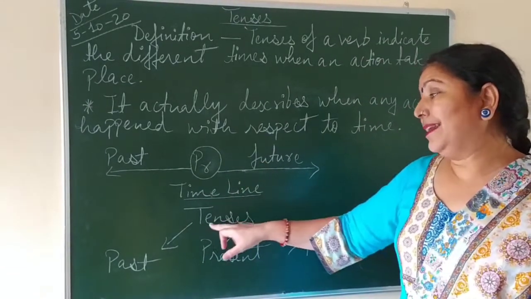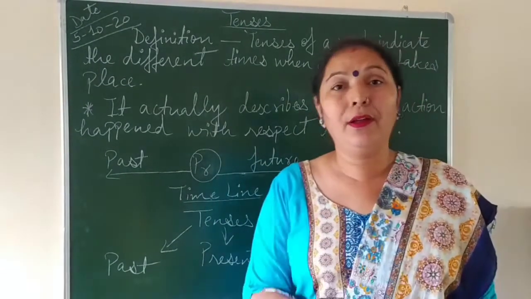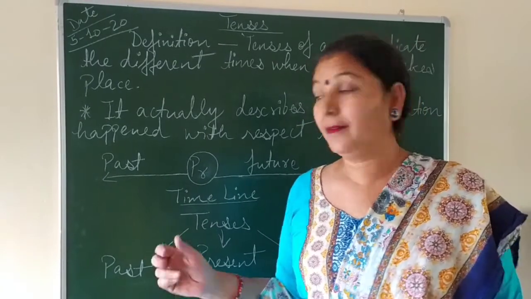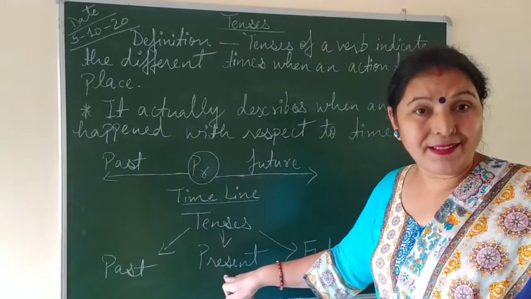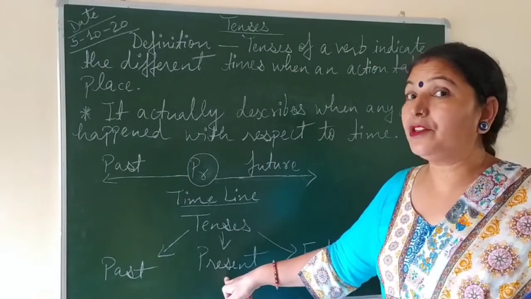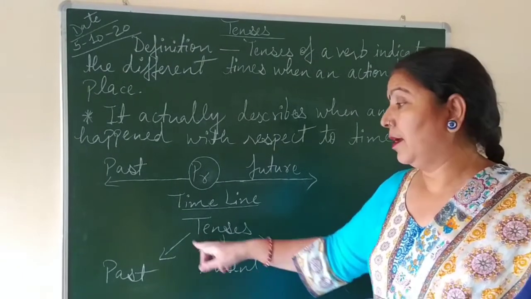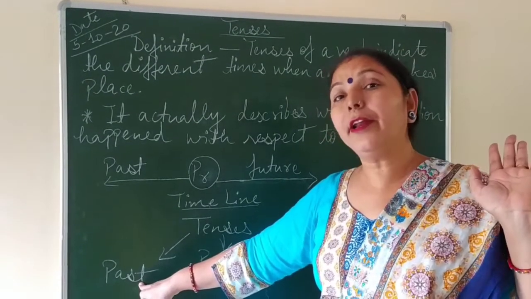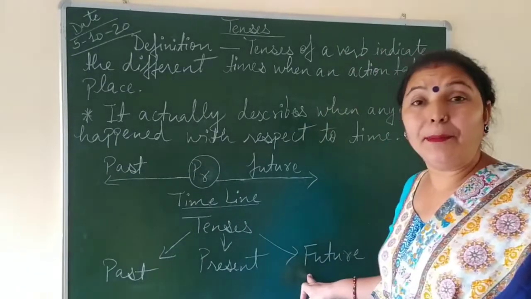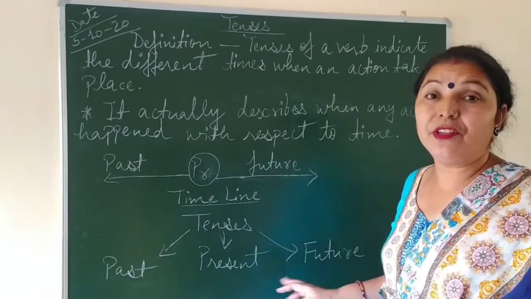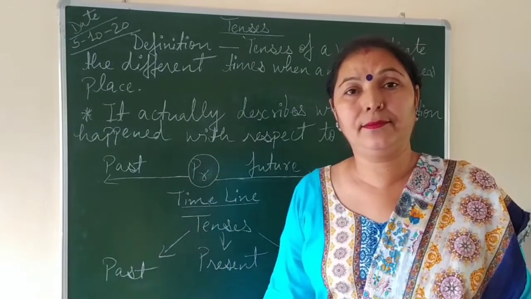Then after the timeline, tenses are of three types. I have already told you in this timeline. First is present, that is the time which is going on now. Past, already gone. And the coming time, that is future, which is going to come next.